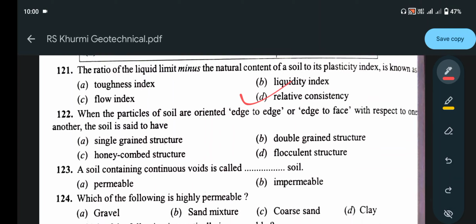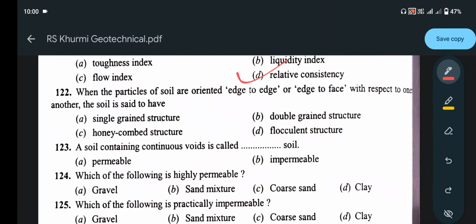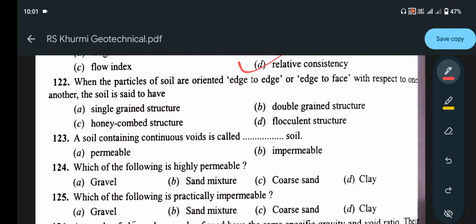Next question 122. When the particles of soil are oriented edge to edge or edge to face with respect to one another, the soil is said to have single grain structure, double grain structure, honeycomb structure or flocculent structure. So when the particles of soil are edge to edge or edge to face, it is flocculent structure.